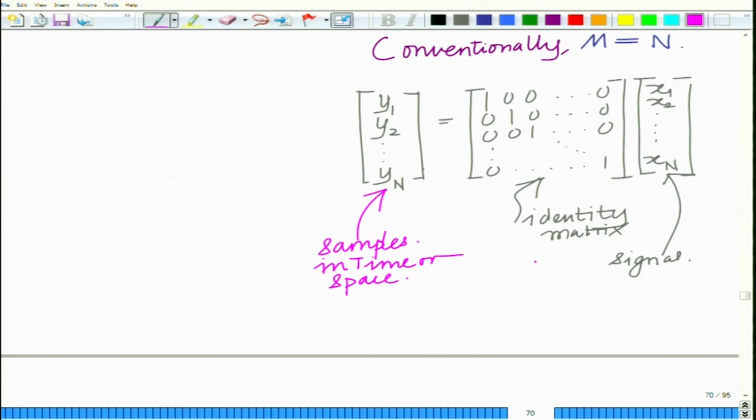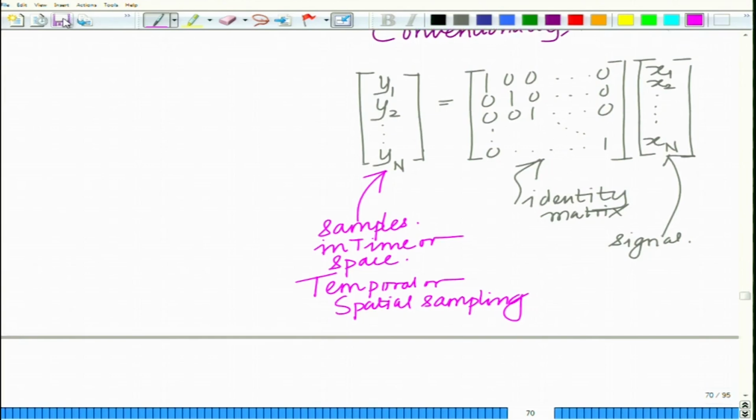So this is temporal or spatial sampling, and we are making one measurement per sample or signal value.